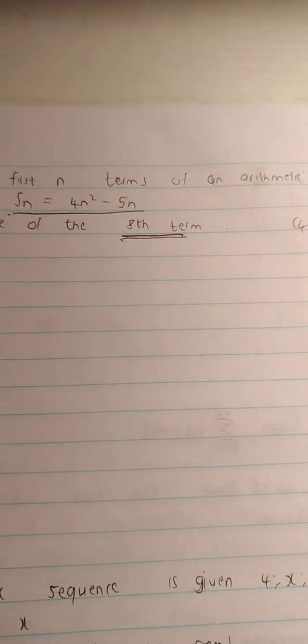The question is, how do we find the value of the 8th term from the sum formula? Okay, guys, there is a concept here that we need to be aware of as grade 12 learners.